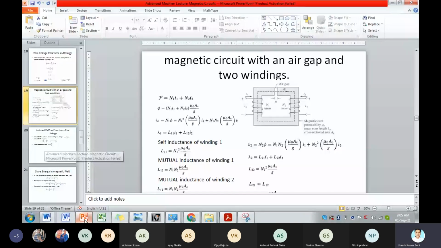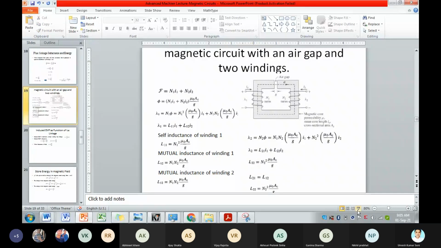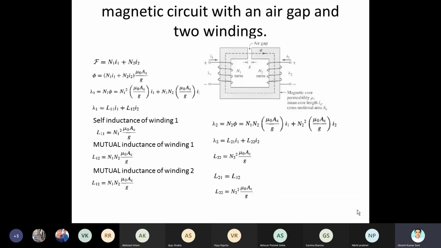ठीक है. Now you can see here. This is a magnetic circuit with an air gap and two windings. At the last of the previous lecture, I think some part of this has been covered.